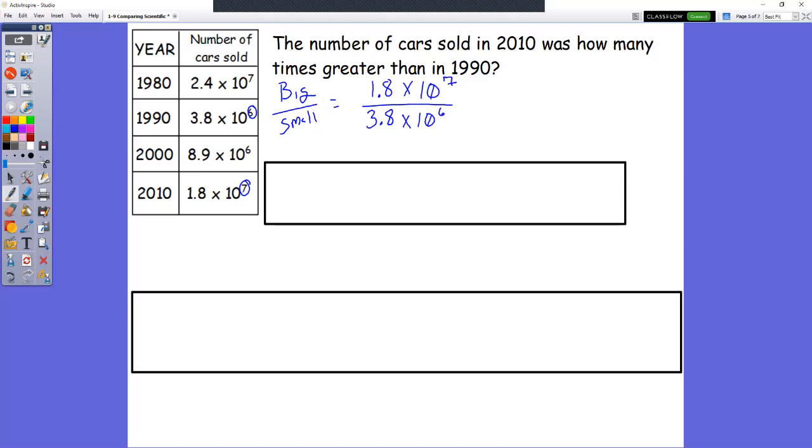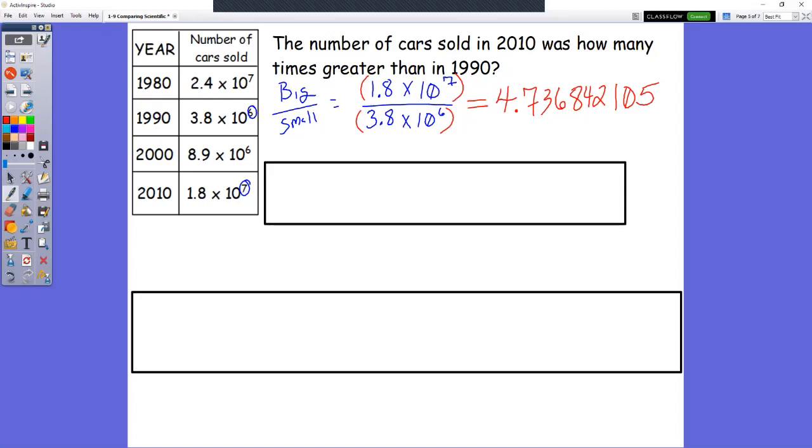And once again, if you put this into your calculator in scientific notation, make sure that you put parentheses around the entire number so it groups the whole number together, and then hit equals, and it comes out to be 4.736842105.